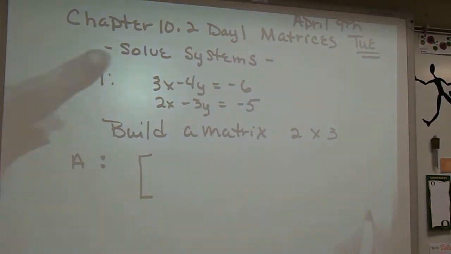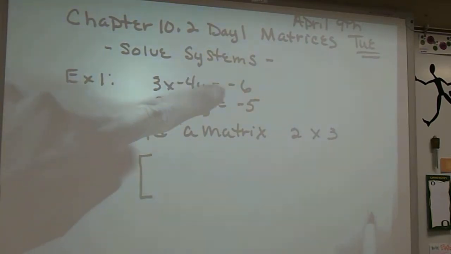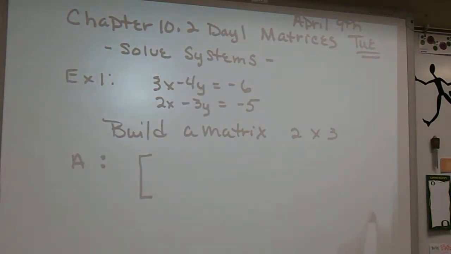I need to put my equation so that I have the x first, then the y, and then that equals some constant. The second equation has to be exactly the same format: x, then y, and then some constant on the other side. It has to be set up that way.